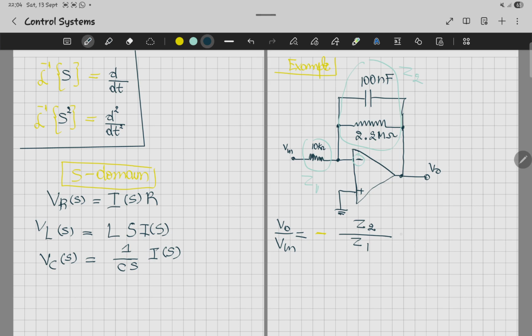Whenever we have something like this, we usually write it in this form: z2 times 1 over z1. Okay, so we're going to represent them in the correct way. So it's going to be negative z2 times z1, a fraction.